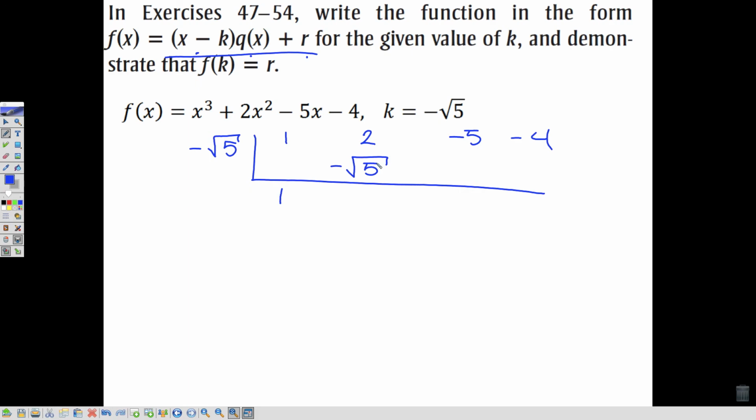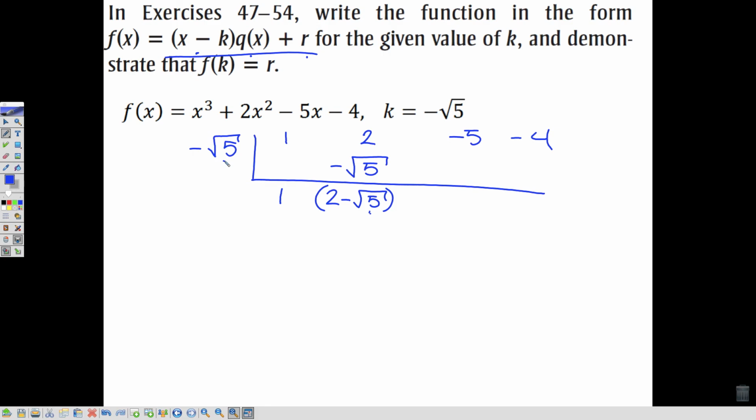Can I combine these two things? No. So I have 2 minus the square root of 5, and it is now a quantity, yes? So I have to distribute. I'm going to do the second term first. When I multiply the square root of 5 times the square root of 5, what do I get?